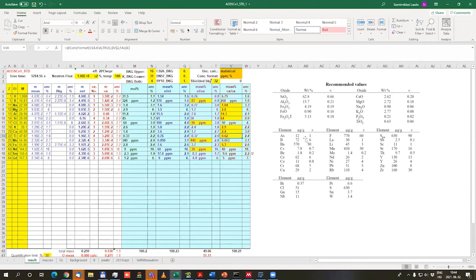So many times they do not have a certified value, but only a recommended value. That means it wasn't measured by more than one method, or the results were not in line. So boron is always our key data. And you see that we are still in the uncertainty margin.